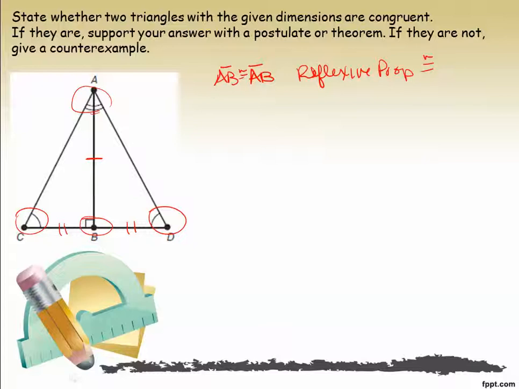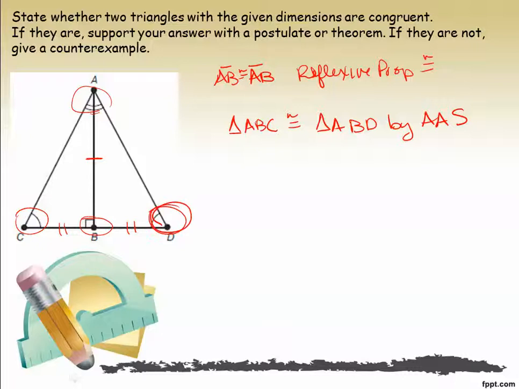So that's a whole lot of information that we got in that one triangle, but that's because of what we've learned with isosceles triangles. So we can say that triangle ABC is congruent to triangle ABD by angle, side.